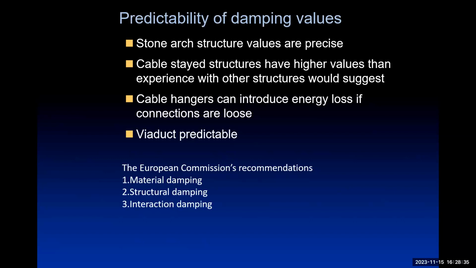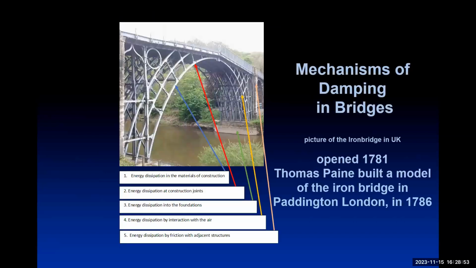It's predictable for viaducts as well. The European Commission has said there are three types of damping: material damping, structural damping, and interaction damping. And you need to take into account all three of them.